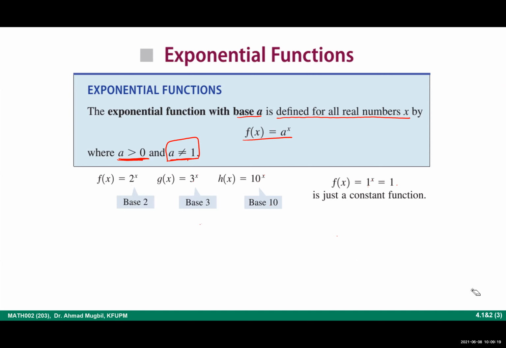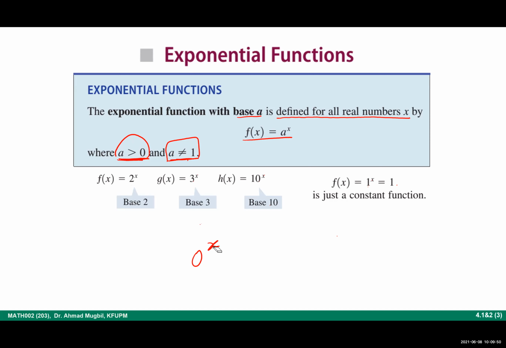My question is, why a greater than 0? You should ask yourself, why can a not be 0 or negative? Who can tell me? A cannot be 0. Maybe it is because 0 to the power x would be constant.